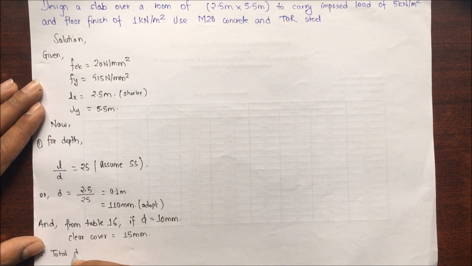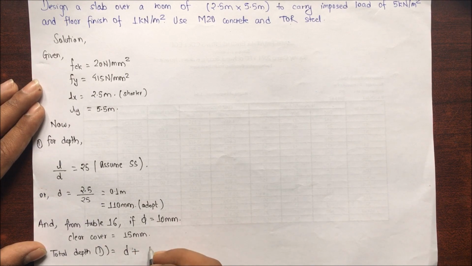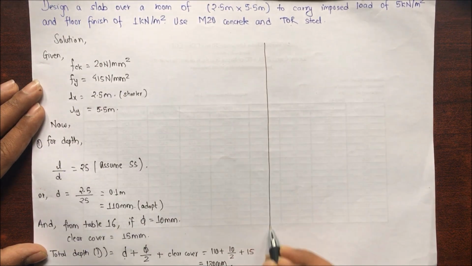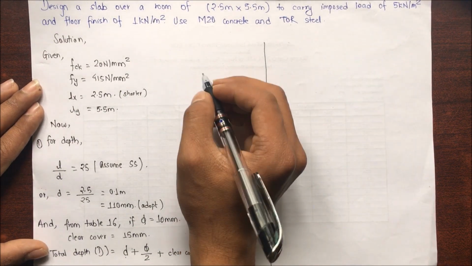Now the total depth, that is the overall depth, is equal to effective depth plus half bar size plus clear cover. So this comes as 110 plus 10 by 2 plus 15. Finally we get 130 mm as the overall depth, including the cover of the concrete.